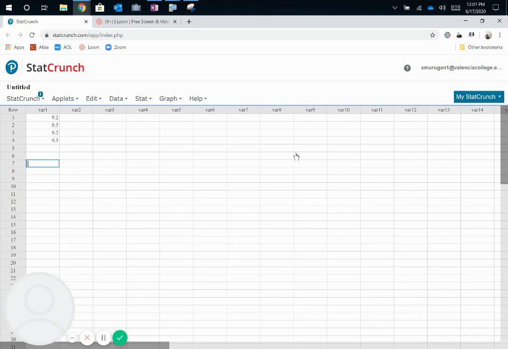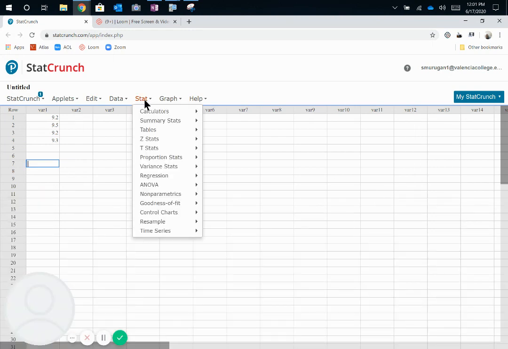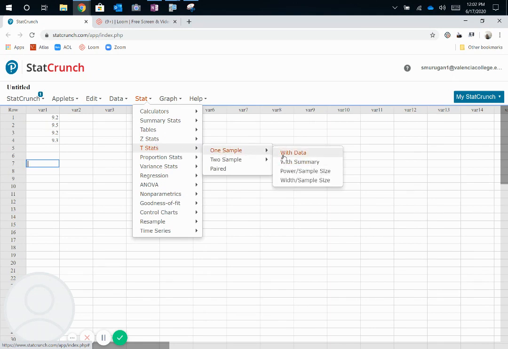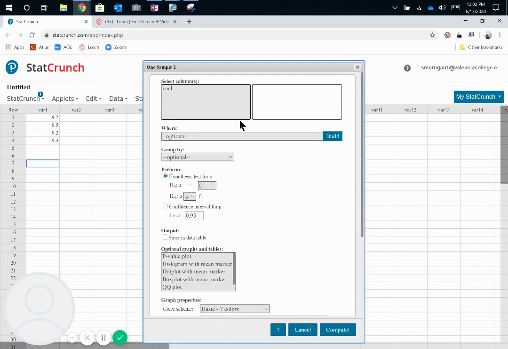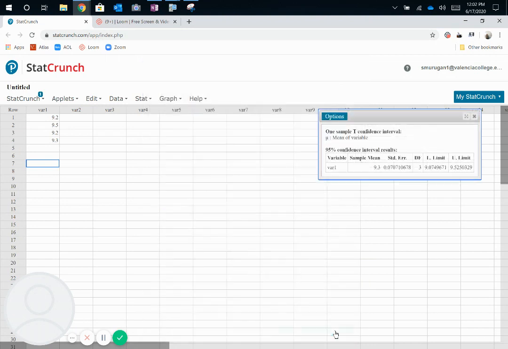So to compute here with data: Stat, T Stat, One Sample, with data. Not with summary this time, but with data. Select VARS1. That's where we have our data. Confidence level 95%. And compute it.